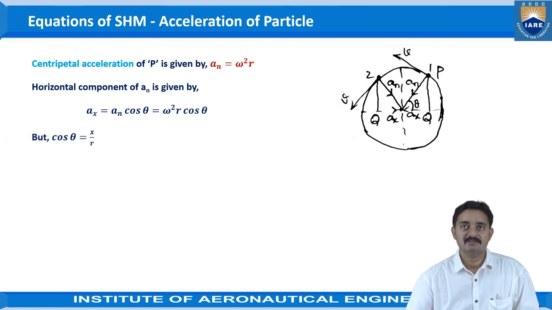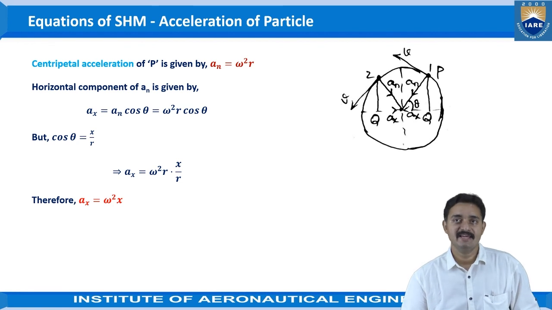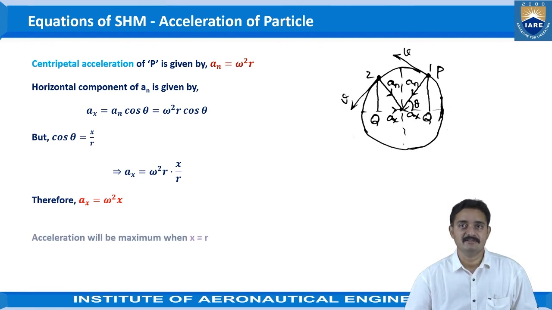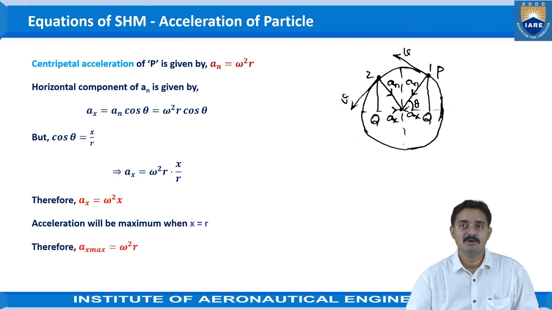But cos theta is equal to x by r, we know that from the triangle. Hence we can write ax, which is the horizontal component of an, is omega square r into x by r. Therefore, ax can be written as omega square x. Acceleration will be maximum when x is equal to r. Therefore, ax max is equal to omega square r.